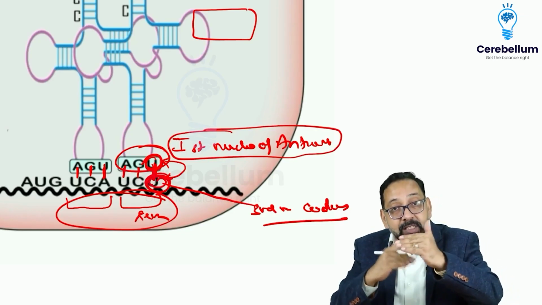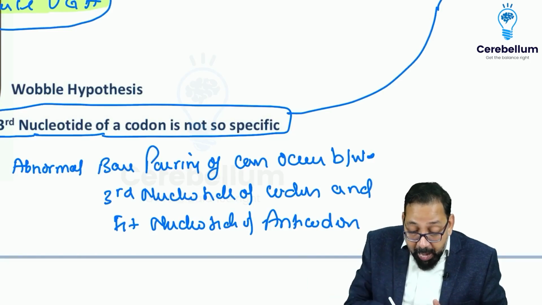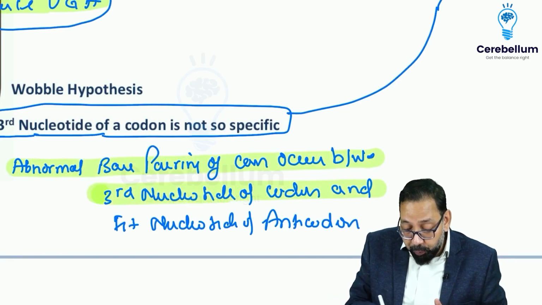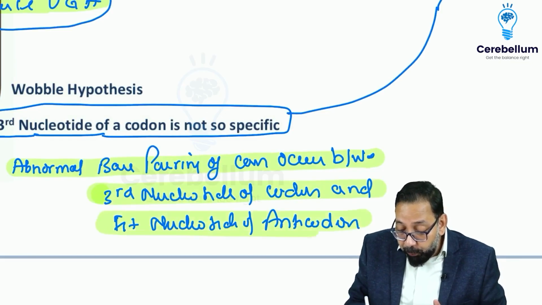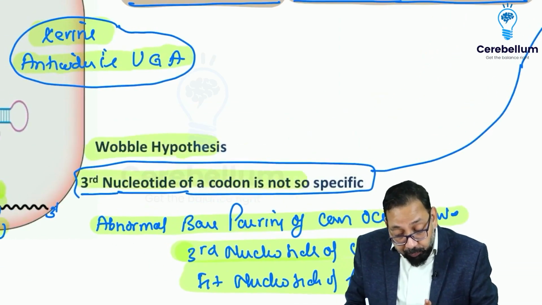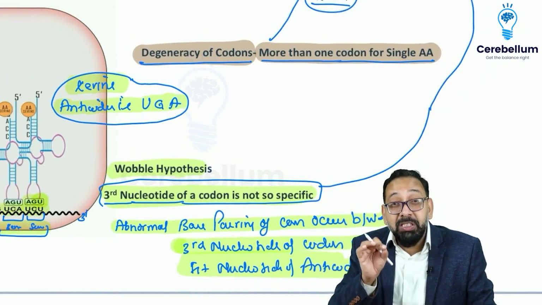U and U base pairing occurs. Yes, abnormal base pairing can occur between the third nucleotide of the codon and the first nucleotide of the anticodon. The third nucleotide of the codon is not so specific, and this Wobble hypothesis is required.